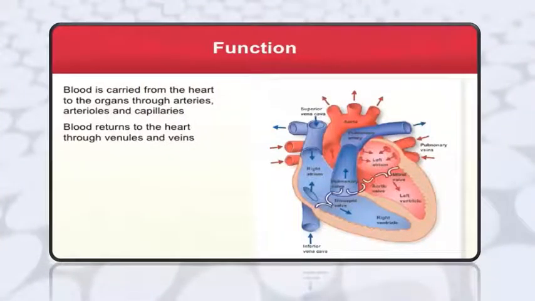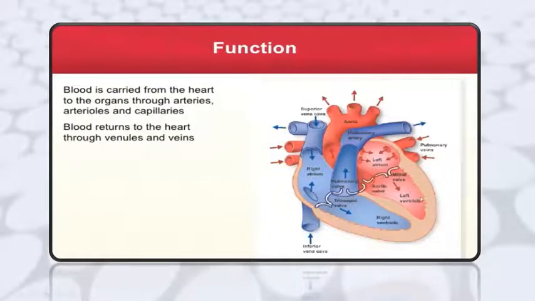Now, what is the function of the heart? Blood is carried from the heart to the organs through the arteries, arterioles and capillaries. In this picture, this part contains deoxygenated blood, and here it contains oxygenated blood.